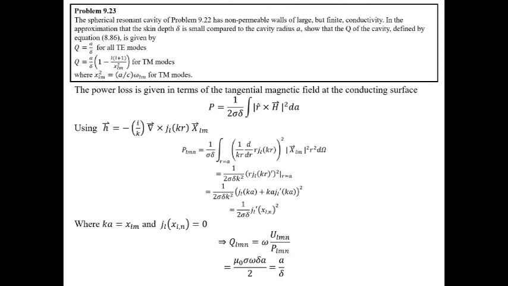The power loss is given in terms of the tangential magnetic fields at the conducting surface. P equals 1 over 2 sigma delta, an integral of r cross H squared over the surface.